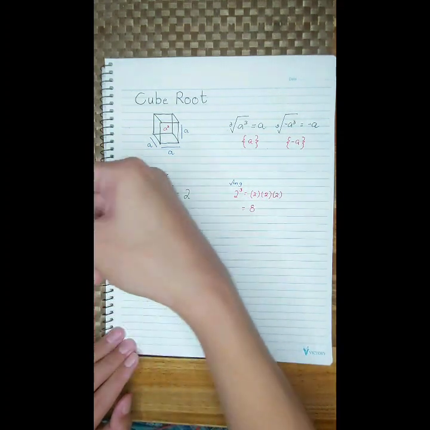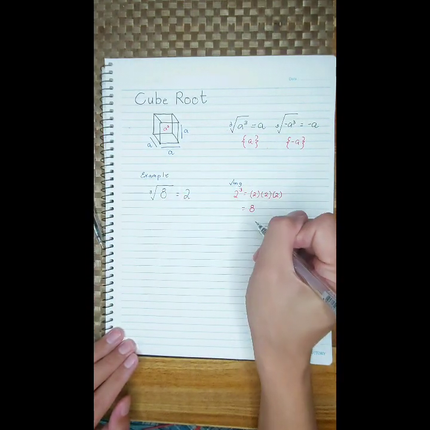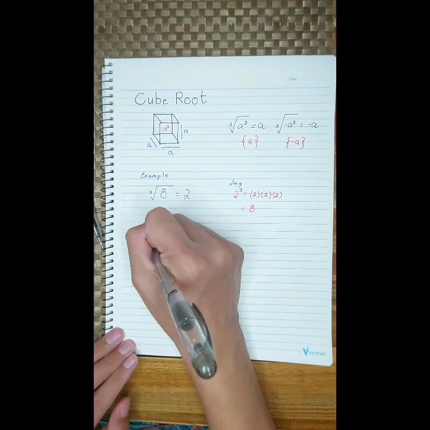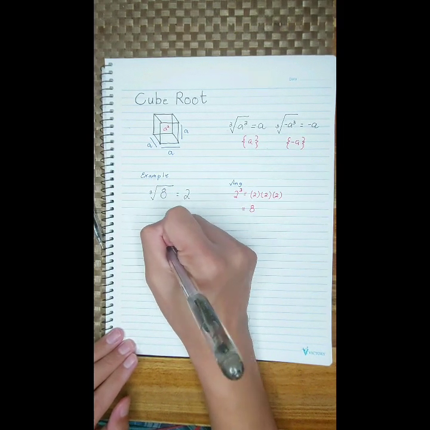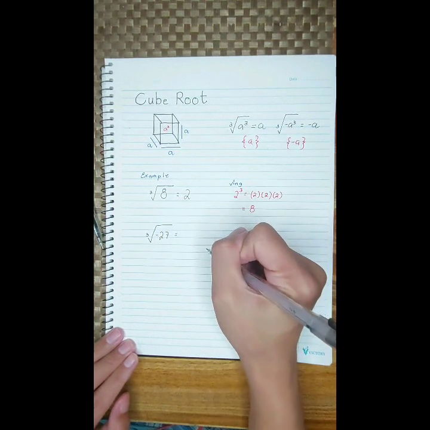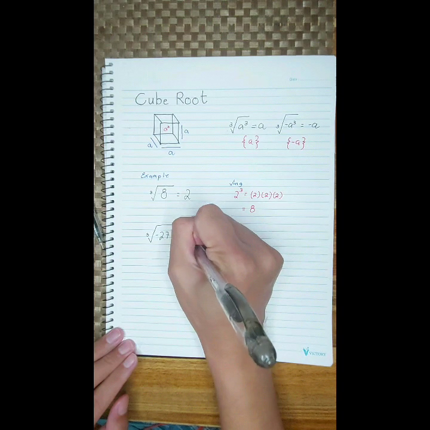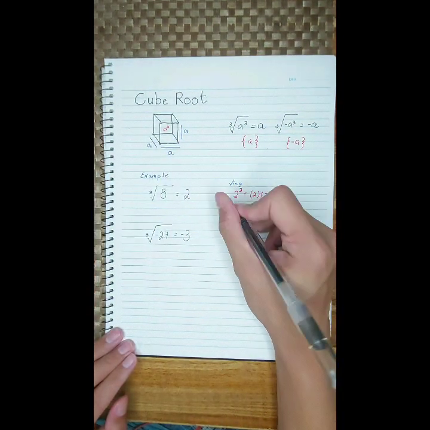So another example, we want to have another example. We have now the cube root of negative 27. So the cube root of negative 27, the answer is negative 3. Let's see if our answer is correct. Let's do now the checking.